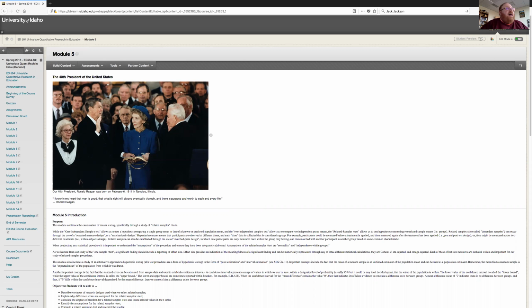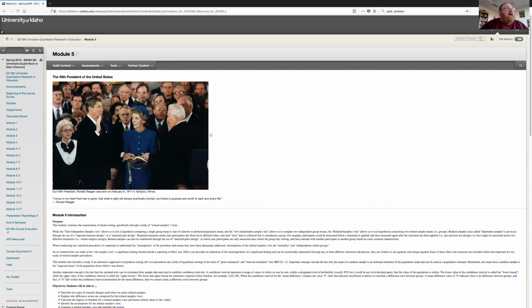Going into related sample t-test, this allows us to test hypotheses concerning two related sample means, such as groups. Related samples are also called dependent samples and can occur through the use of a repeated measure design or a matched pair design.